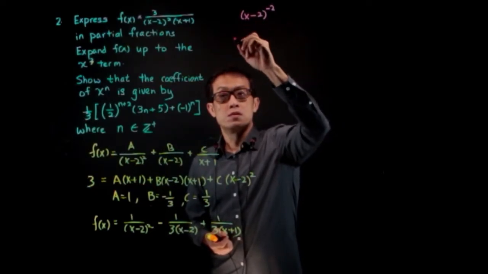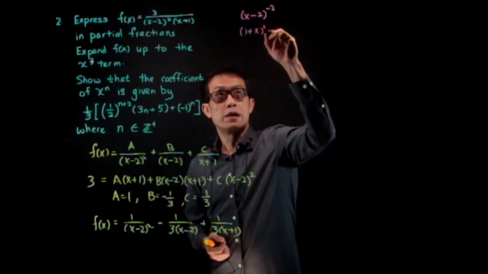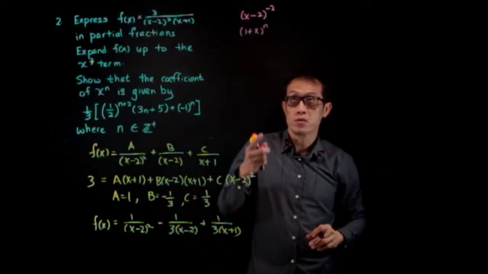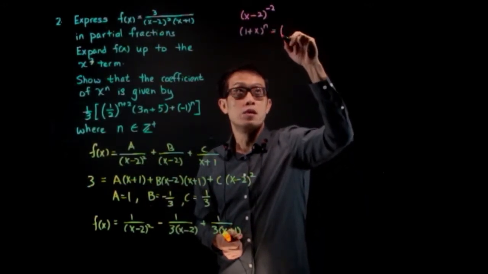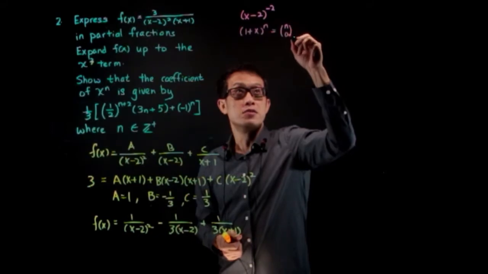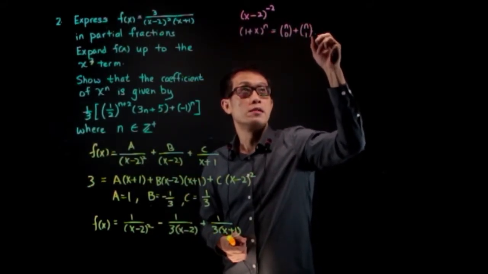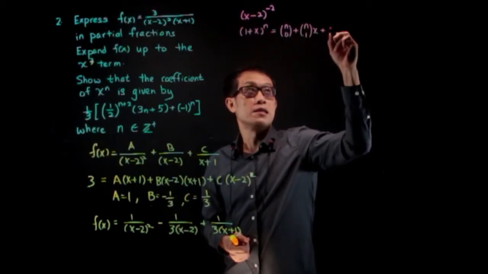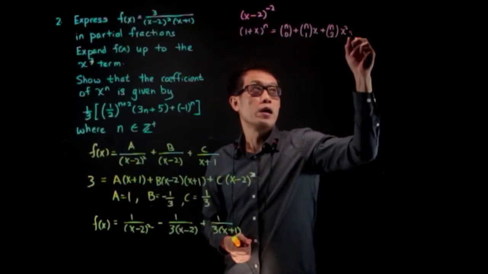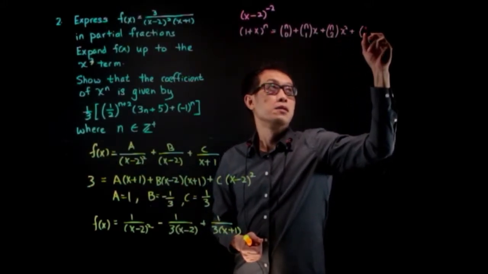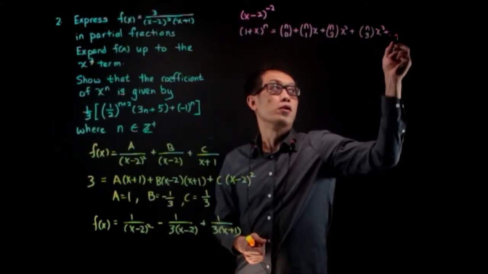Now how to expand this? For this we can use the binomial series expansion. (1 plus x) to the power n will give you nC0 plus nC1 x plus nC2 x squared plus nC3 x cubed, and so on and so forth.